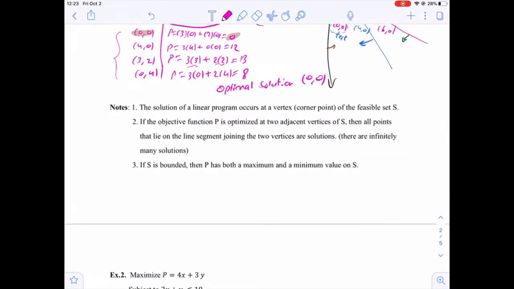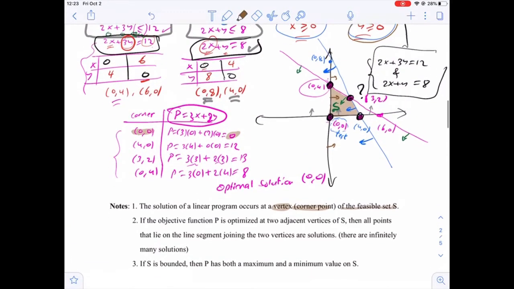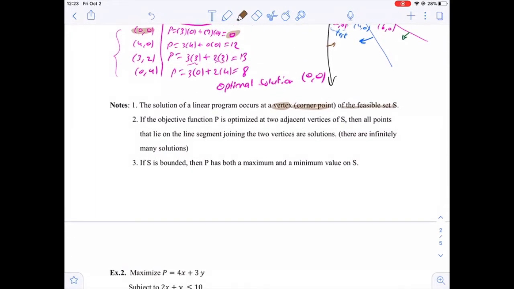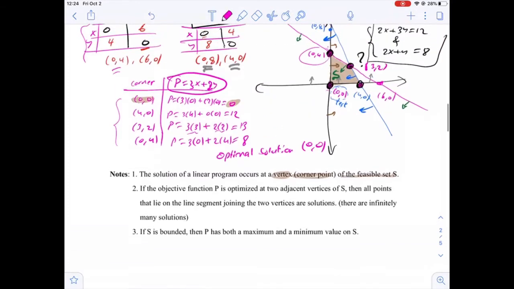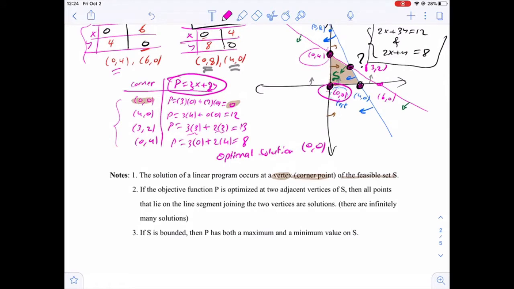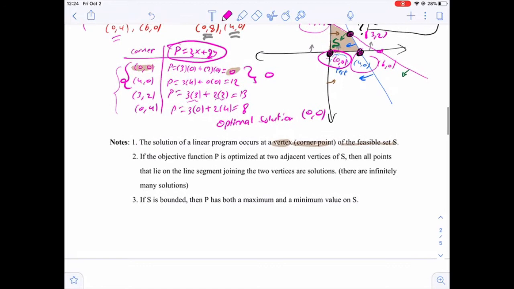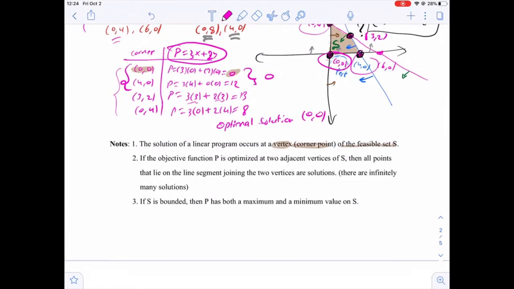Now we have some notes here. The solution of a linear program occurs at a vertex or corner, as we described, of the feasible set S. And if the objective function P is optimized at 2 adjacent vertices, like 0, 0 and 4, 0, if those give the same answer, for example 0, then all points that lie on the line segment joining the 2 vertices are solutions.